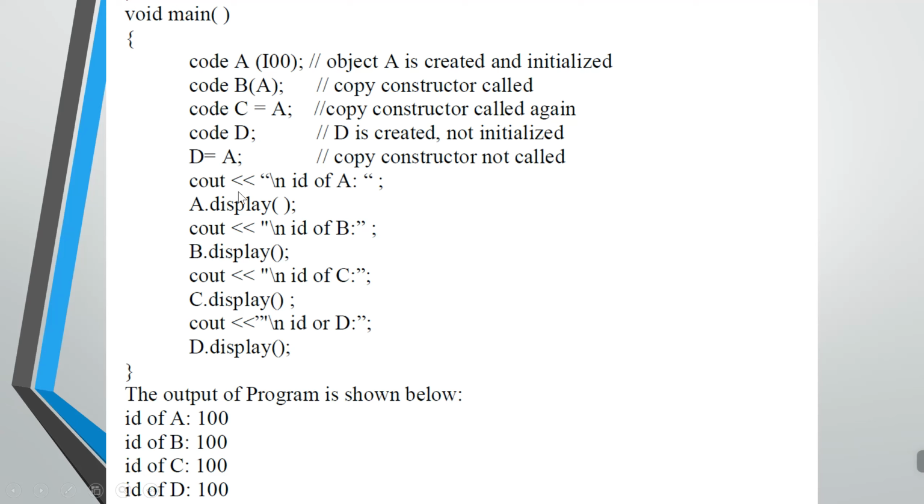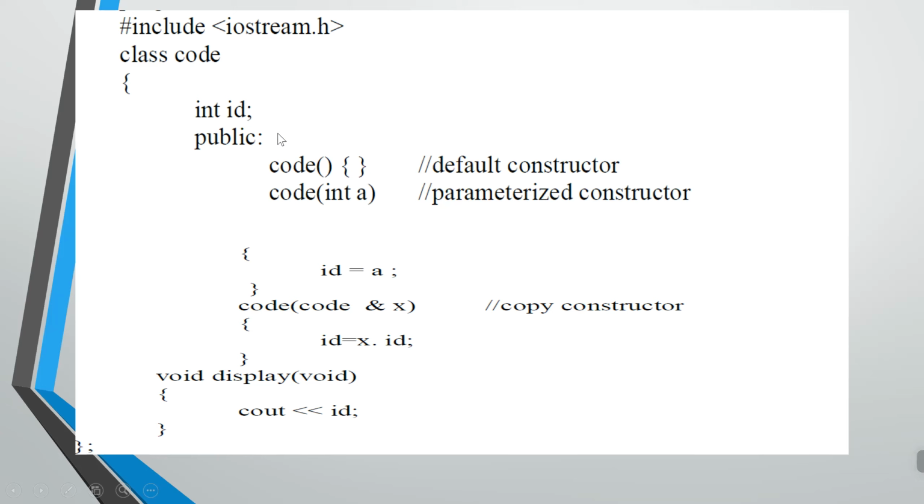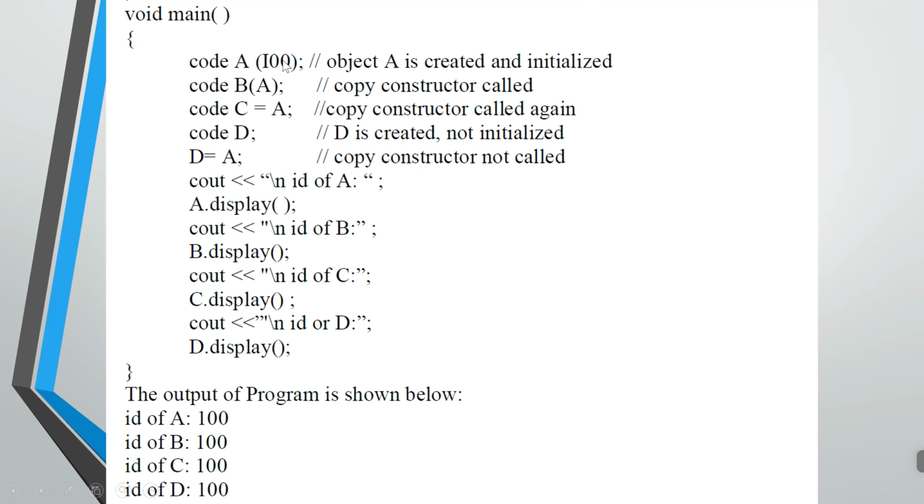A of 100 means there is a parameter taken. So ultimately, this particular constructor will work because 100 is taken as a parameter and A dot ID becomes 100. So this object is initialized to 100 through the parameterized constructor.